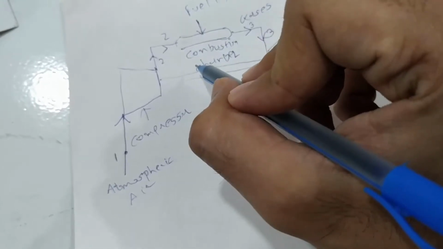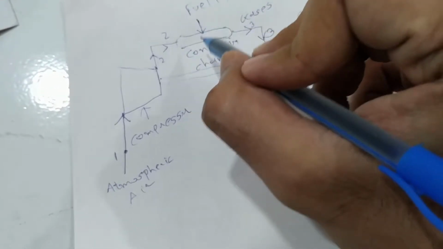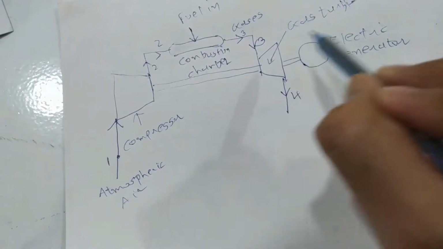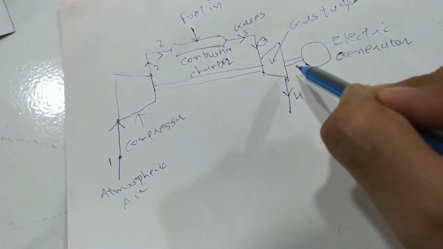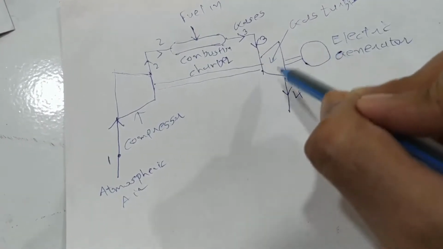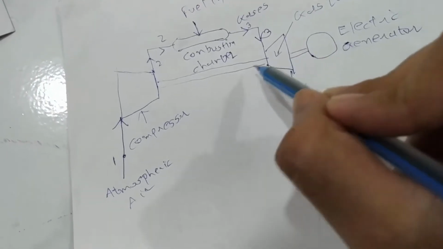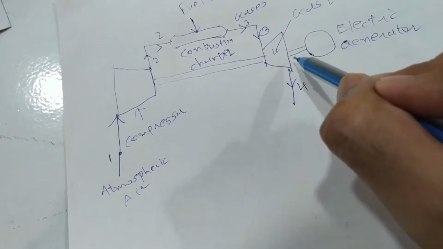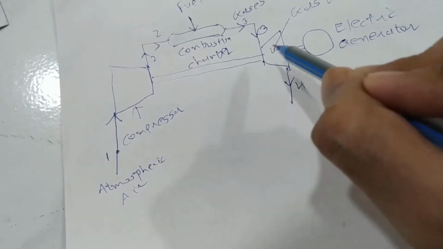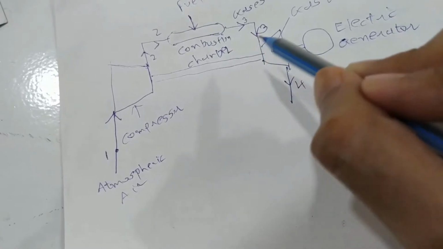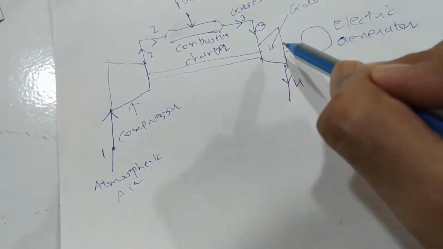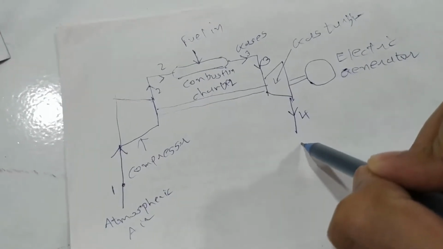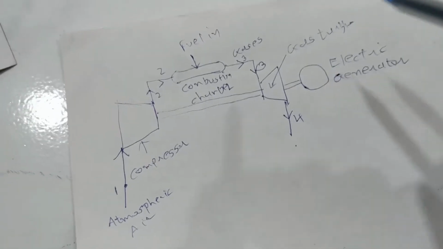Here fuel is mixed and burnt, and after this the gases go to the gas turbine and rotate it, and we can generate electricity using this. It is also used to rotate the compressor, and after it is used, all the gases get expanded here. These gases go to the atmosphere again, and this process can be called the heat rejection process.